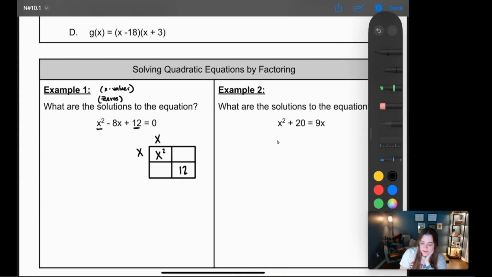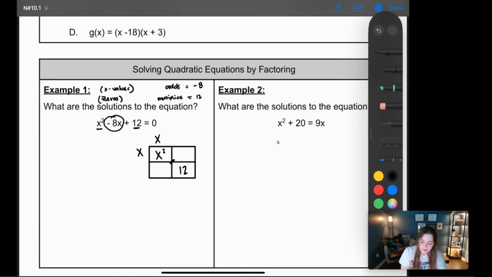Okay, I know that that gets me x squared. Now here's where it gets a little bit different because I want these two boxes to add to get -8. Right, so I'm going to write that down. I want something that adds to get -8. And I need something that multiplies to get 12. Okay.